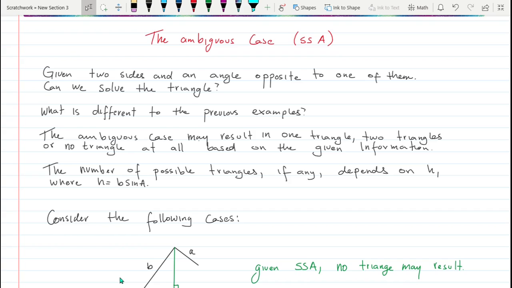So the number of possible triangles, if any, is going to depend on h, the height, where h is defined as length b times sine of a, right?